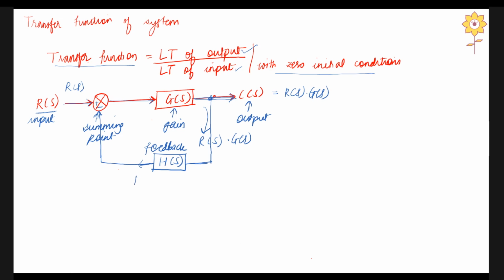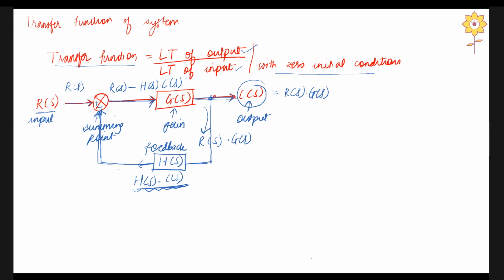Now, here at feedback, H(S) is going to give us an output, which is going to be what? We will have H(S) multiplied with the output, that is C(S), and then this particular product is going to go and get into the summing point, and the output that we will get from this summing point, which will ultimately get into the gain block, is going to be R(S) minus H(S) into C(S), right.